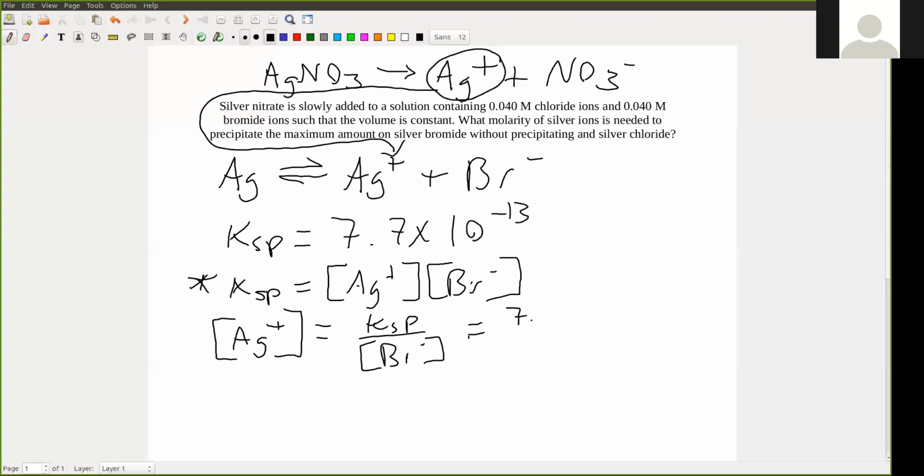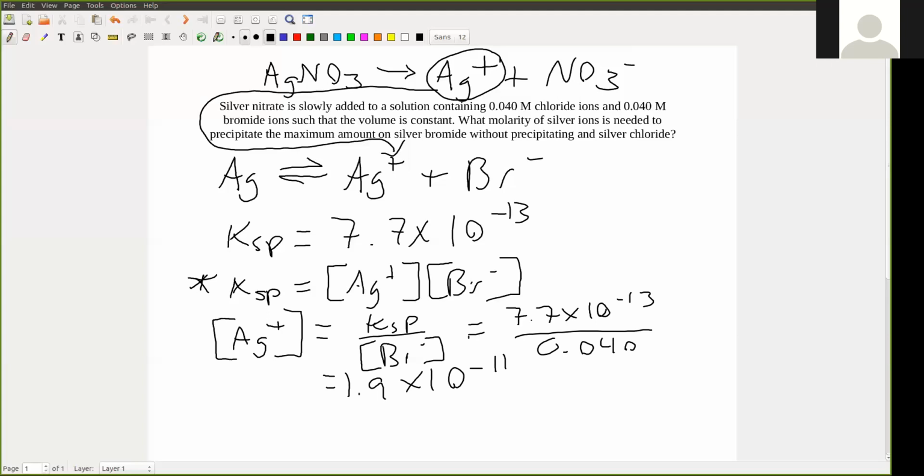So 7.7 times 10 to the minus 13 all over 0.040. When you run that through, you find that the final amount is 1.9 times 10 to the minus 11. That's the concentration of silver at the point where it starts precipitating.